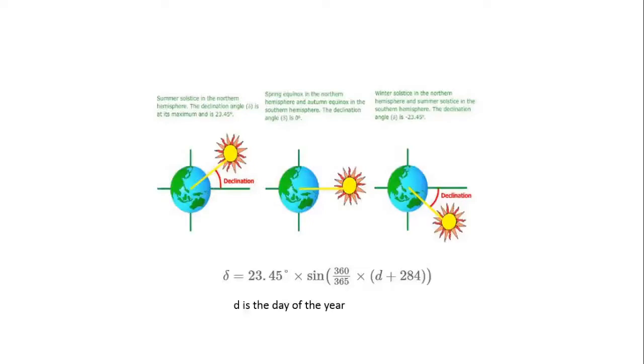So here small d equals 173, that means 31 plus 29 plus 31 plus 30 plus 31 plus 21. So in short, declination can be taken as the angle between a line extending from the center of the sun to the center of the earth and the projection of this line upon the earth's equatorial plane.